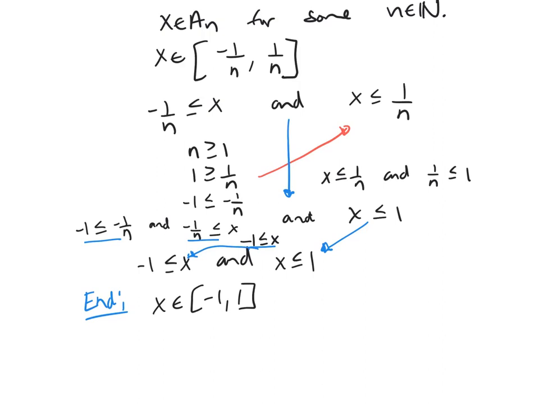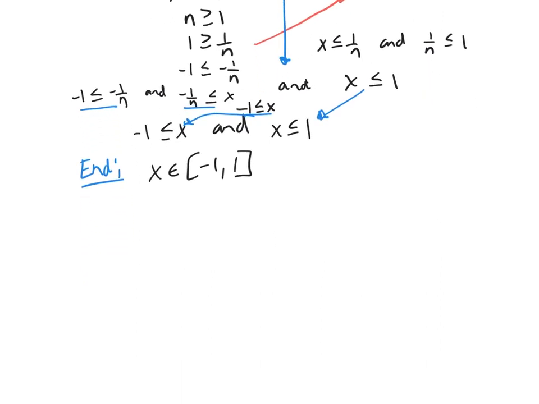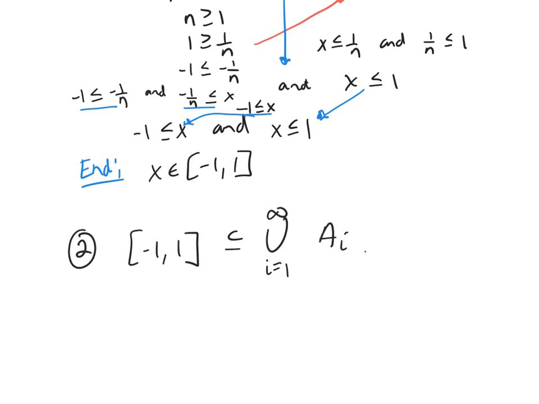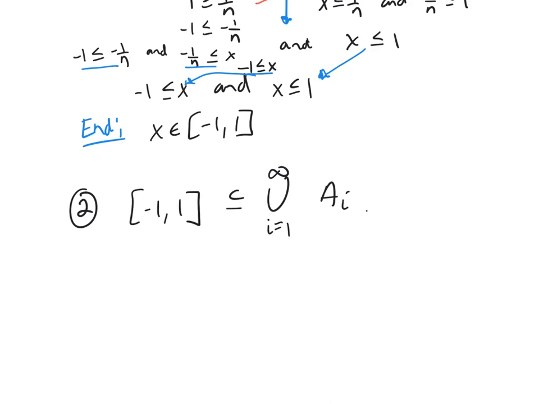So let's look at the second part that we need to prove here. The second part of our proof, right? What was the second part we needed to show? -1 to 1 was a subset of our union. So again, we're just going to write the outline here. Once you have the outline, you can write the formal proof. So you're going to start with an element in the interval -1 to 1.